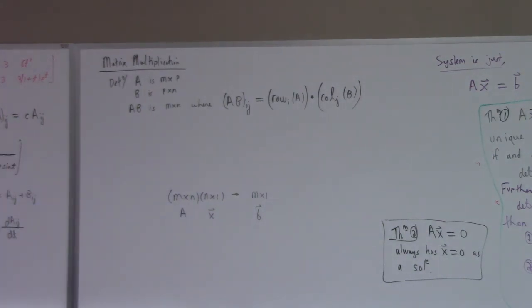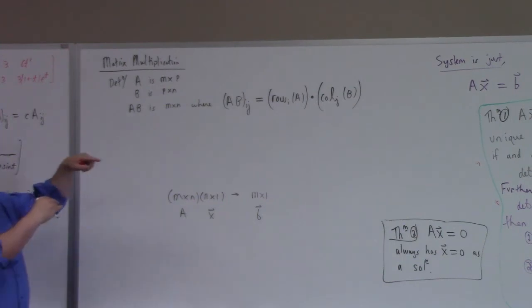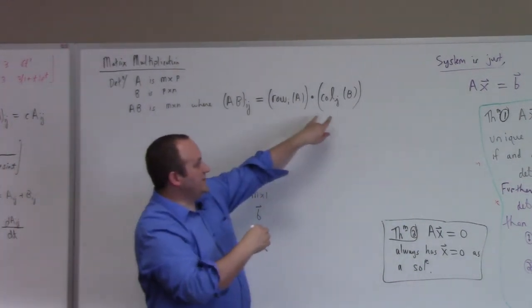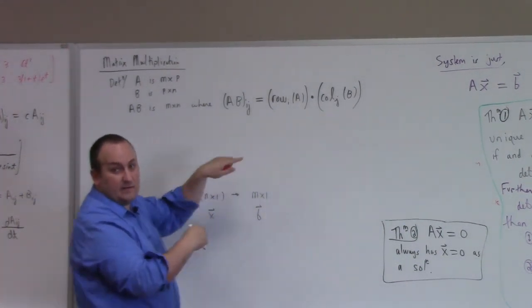We take dot products of rows of the left thing with columns of the right thing. That dot product will make sense provided that the size of the rows of A matches the size of the columns of B, right? For this dot product to be meaningful, these both have to be the same size vectors, right?